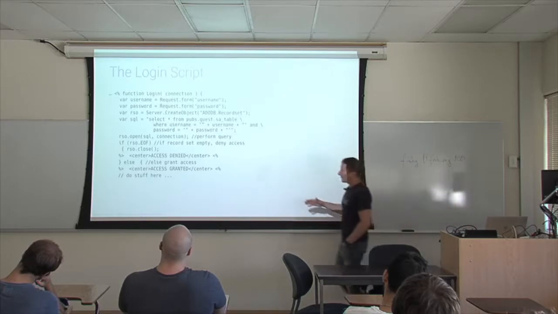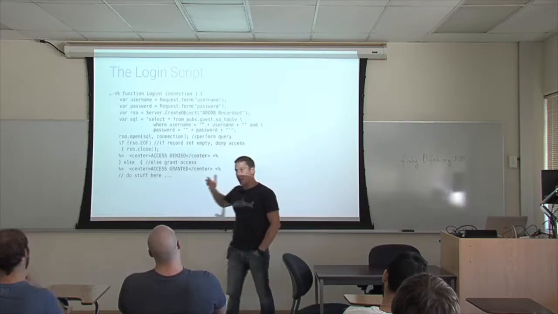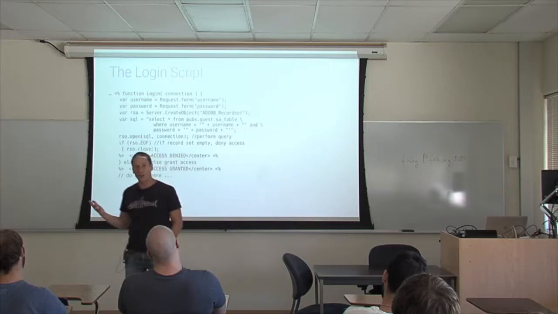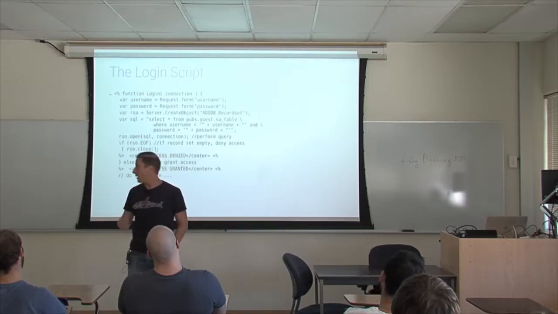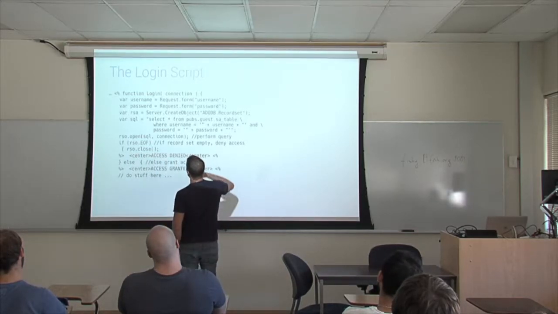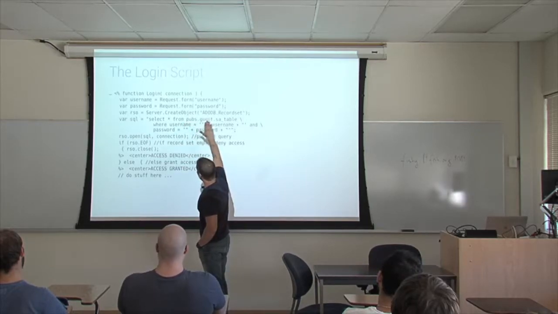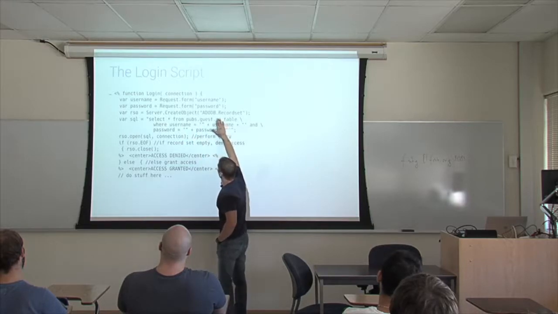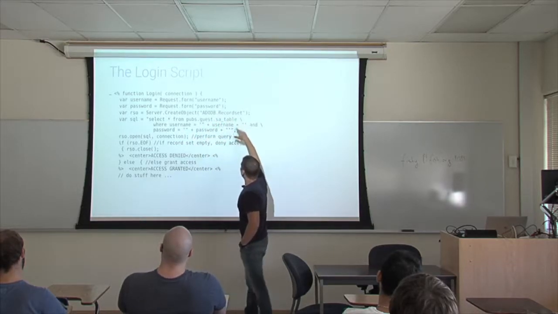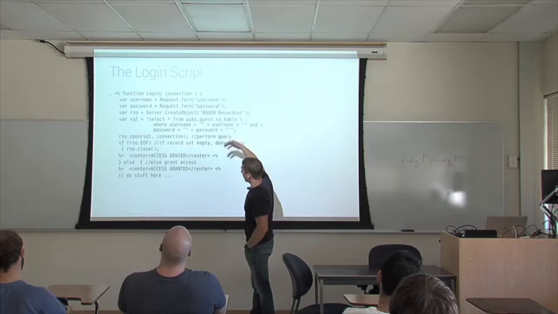If you look at the login script, remember we talked about ASP, Active Server Pages. They're a combination of HTML and code. Here you have an example. It's getting the username and password from the form, and then creates an object for accessing the database.